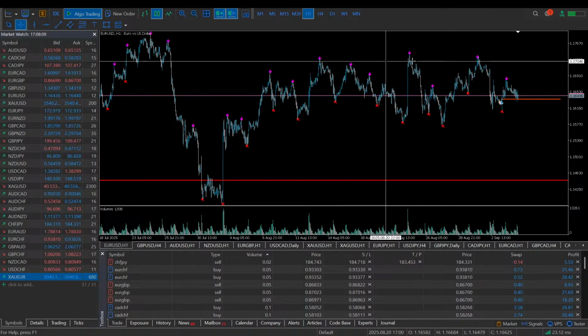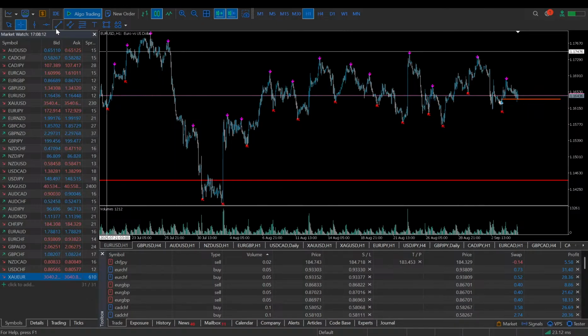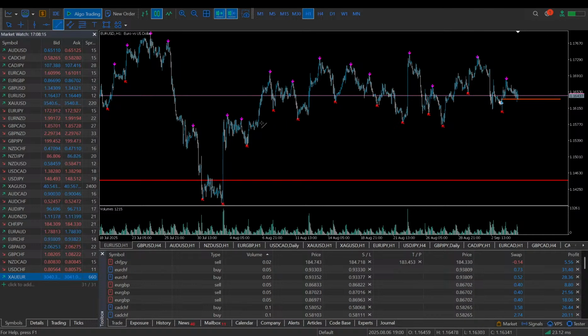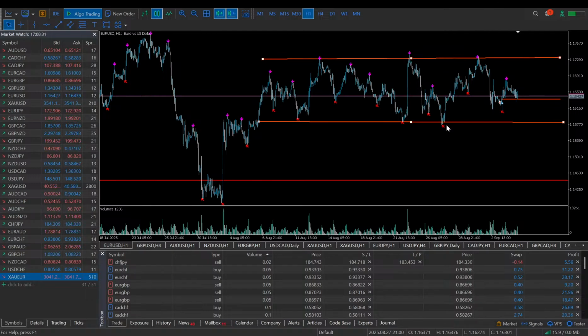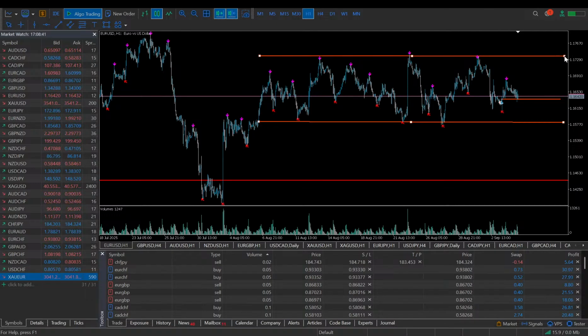So this ranging has been happening for a while, so I don't see the reason why we are not going to have a breakout soon. If not, then we will be testing this low. But I think the price is waiting for us to get into the market, so the market can drive the direction against our wish. So that's why we prefer to wait for the daily before we trigger. So that is the range where the market is.